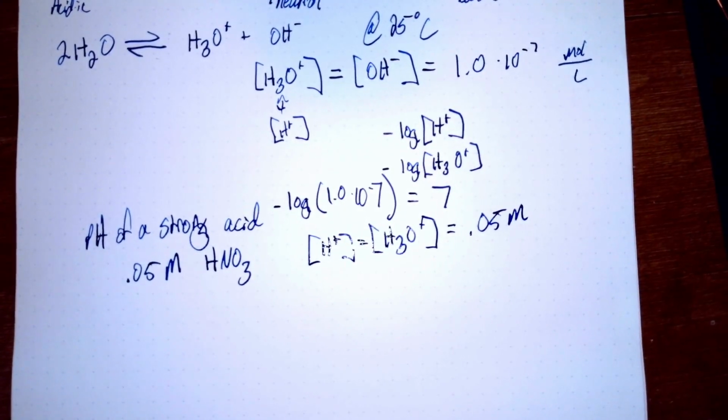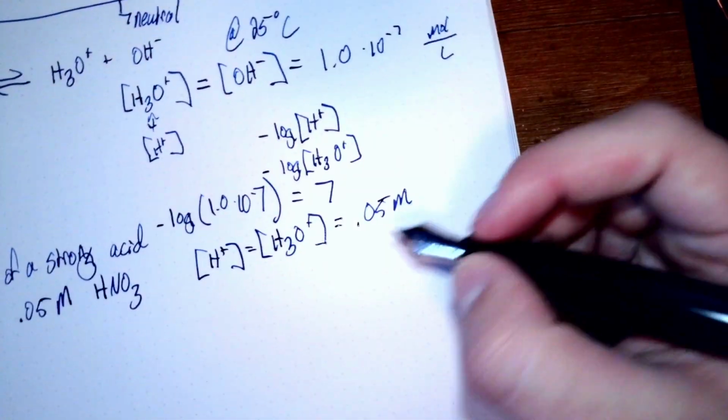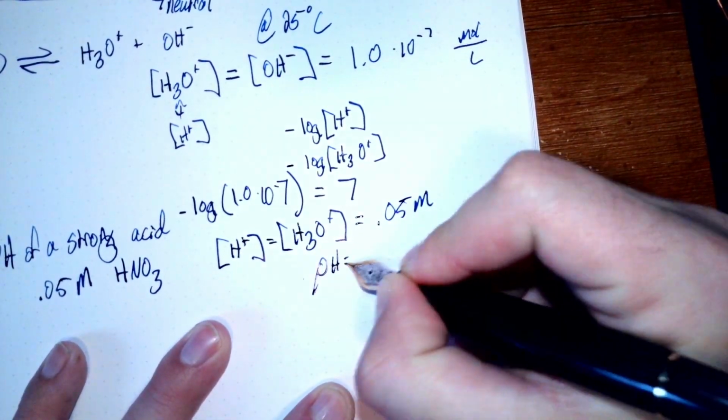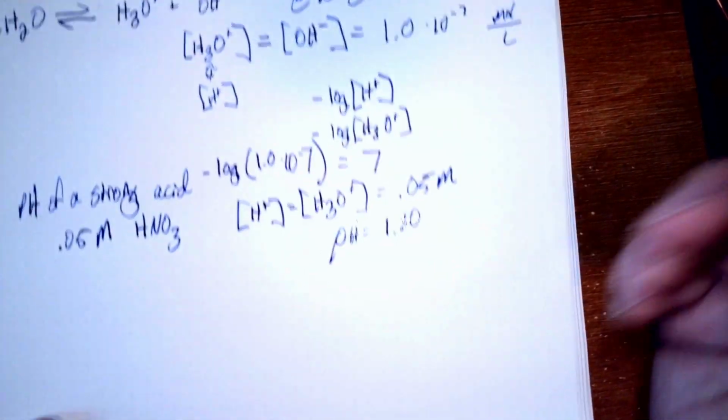So, we take the negative log of 0.05 molar, and we get a pH of 1.30. That's all there is to it.